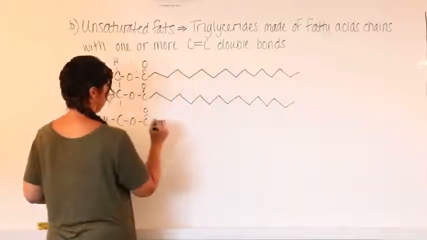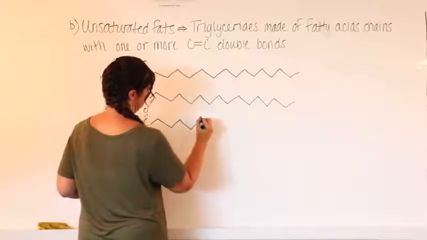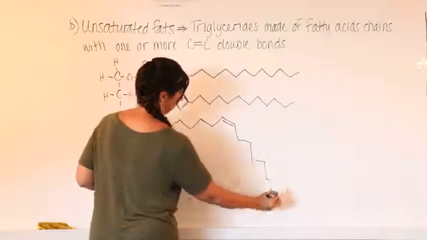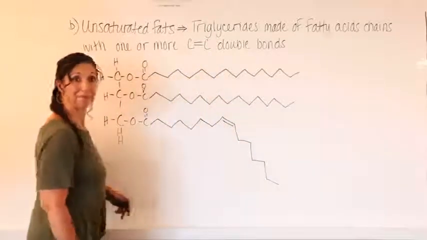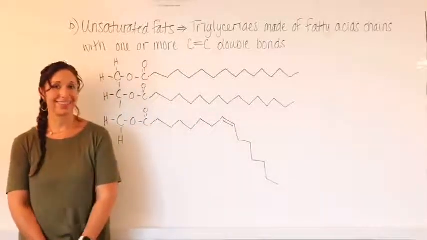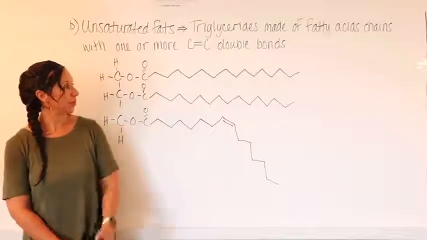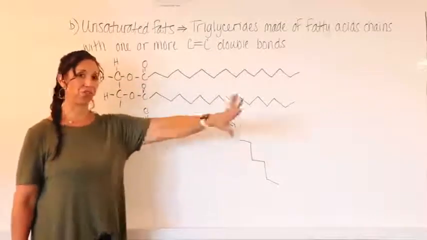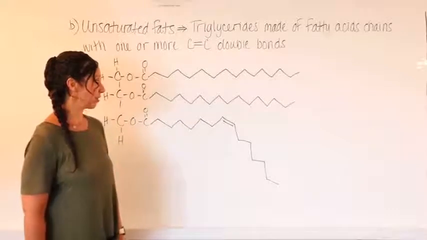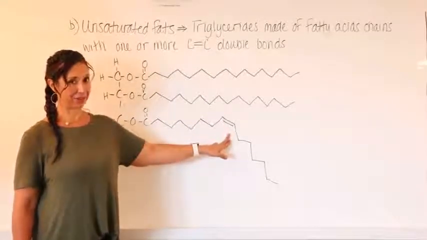And then what I'll do is I'll make my double bond there. Do you notice how that changes how the fatty acid chains lie, if you will? So these ones are saturated, so they're straight across. They just make these nice, pretty long hydrocarbon chains. This double bond puts a kink in the situation.